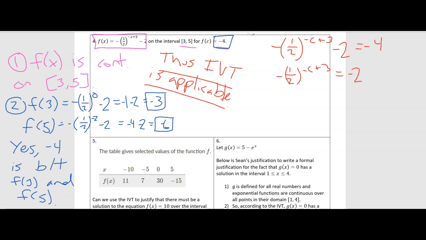I'm going to multiply by -1 or divide by -1, however you want to think about it. And then we're going to apply log base 1/2 to both sides.